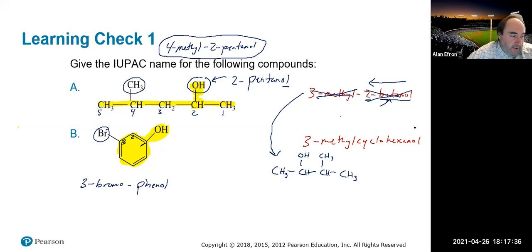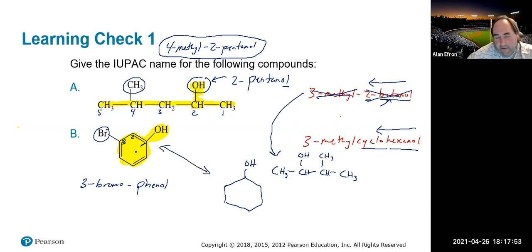Same idea here. We're going to work backwards. So cyclohexanol: cyclo tells me it's a ring, hexane tells me it's 6 carbons, and OL tells me it's an alcohol, so that's an OH. Hopefully you can see the difference between these two. Double bonds here, no double bonds here. So that is cyclohexanol. Because of this, this is going to be carbon 1, which means I could go clockwise or counterclockwise here.